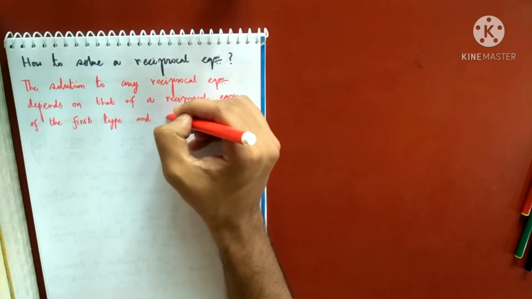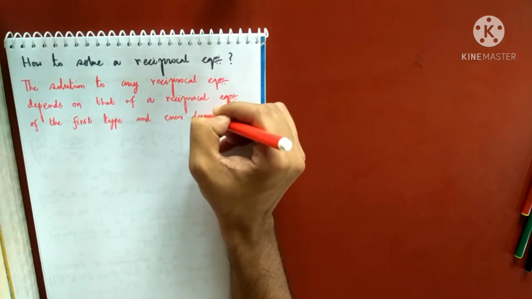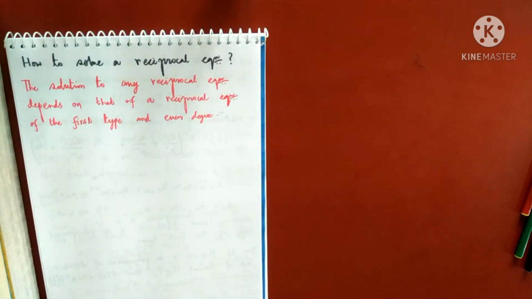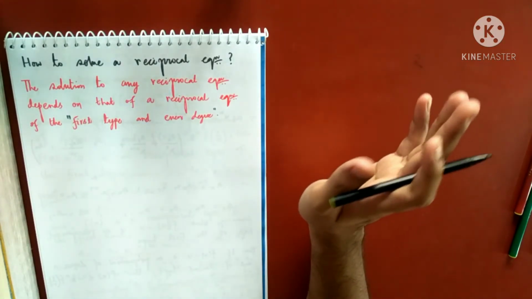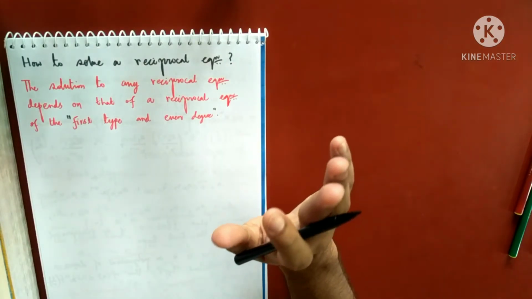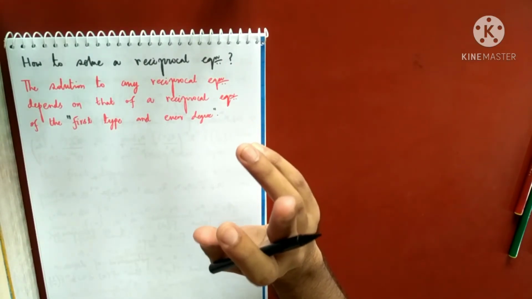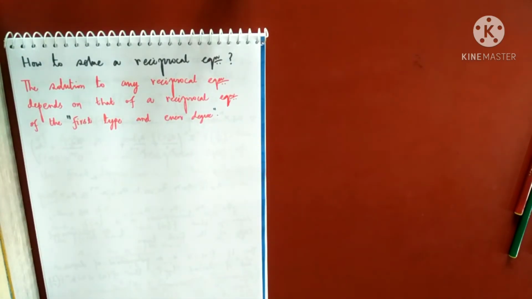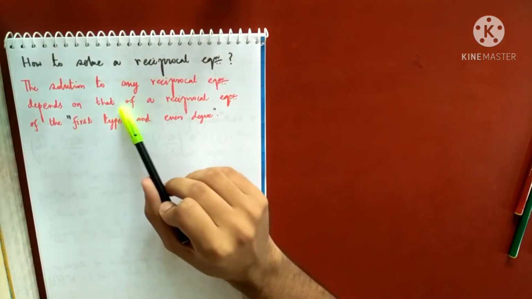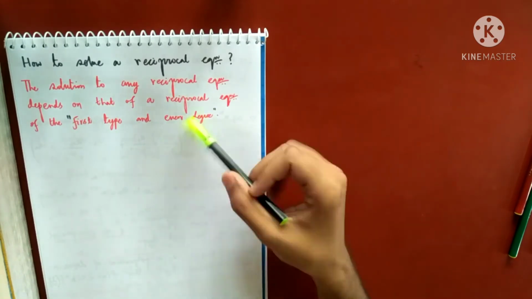I'll tell you what this answer is. Yes, it is always possible to solve a reciprocal equation, but your answer will depend upon a reciprocal equation of first type and even degree. That means you give me any reciprocal equation to solve, after a few steps it can always be reduced to a reciprocal equation of first type and even degree.